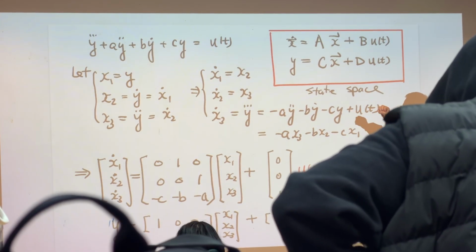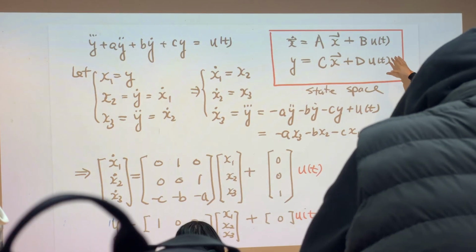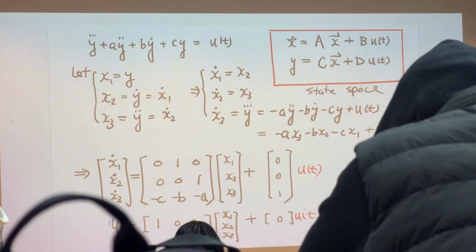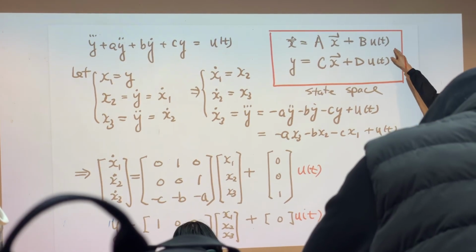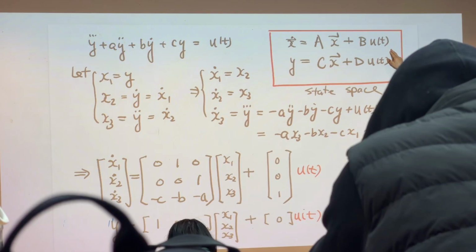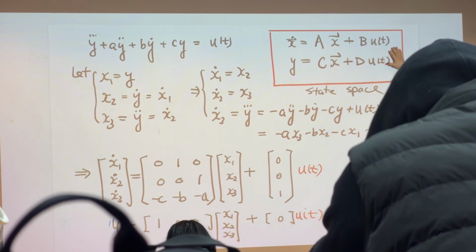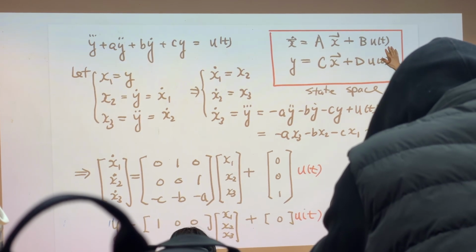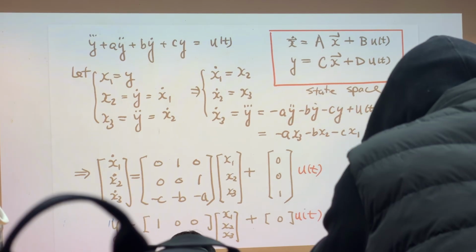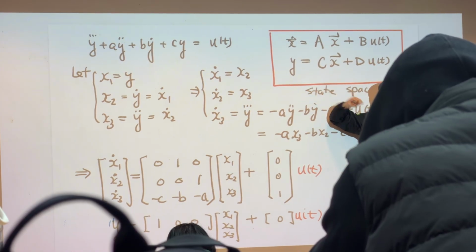If this problem becomes a little different, u can be multiple inputs, which is fine. We can even have a system with multiple inputs and multiple outputs. But here we simplify: only a single input, only a single output.